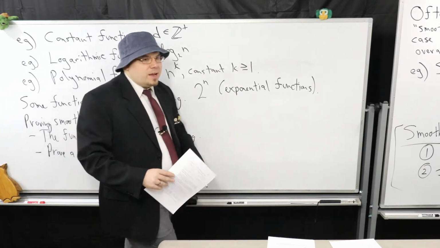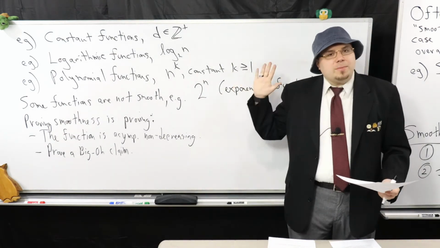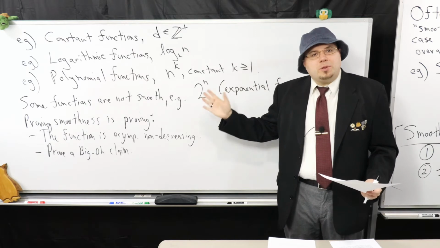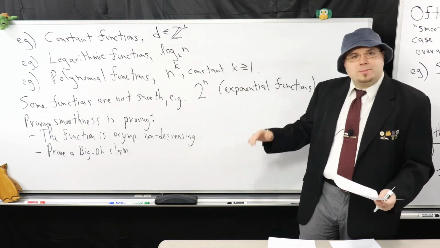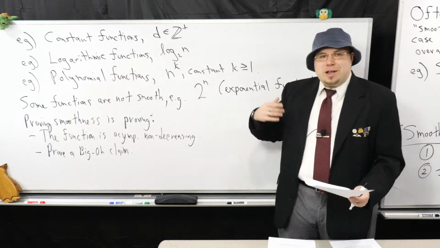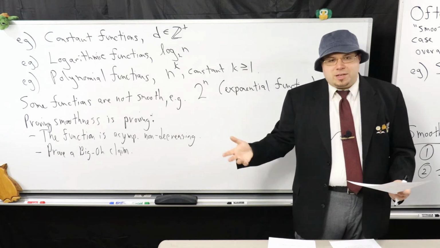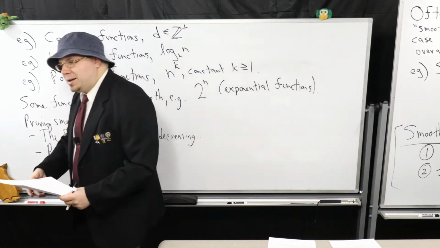Now, for anybody that is up and ahead of big O, it's worth noting that everything I'm talking about in terms of smoothness for big O applies to other asymptotic notations such as big theta or big omega. I haven't talked about those here quite yet, but I should point that out. So anywhere I'm saying big O, you can put in other asymptotic notations you might be familiar with. So big theta would also work.